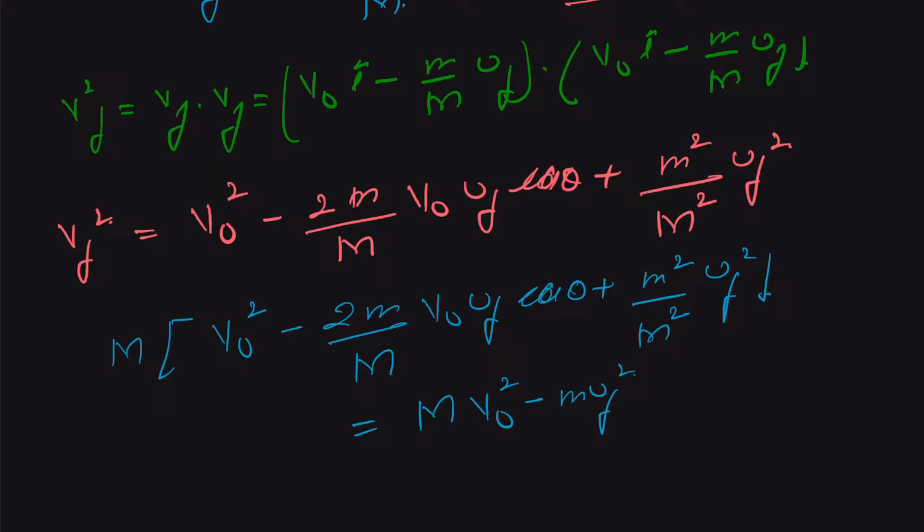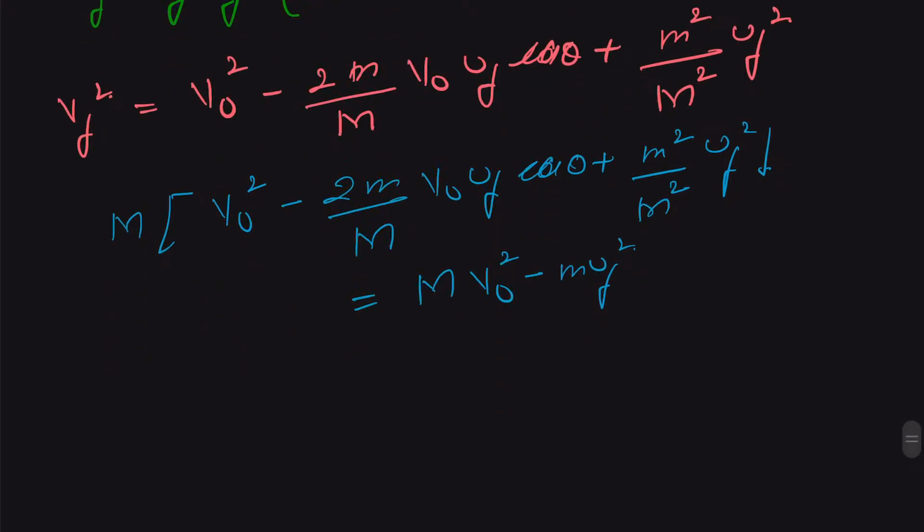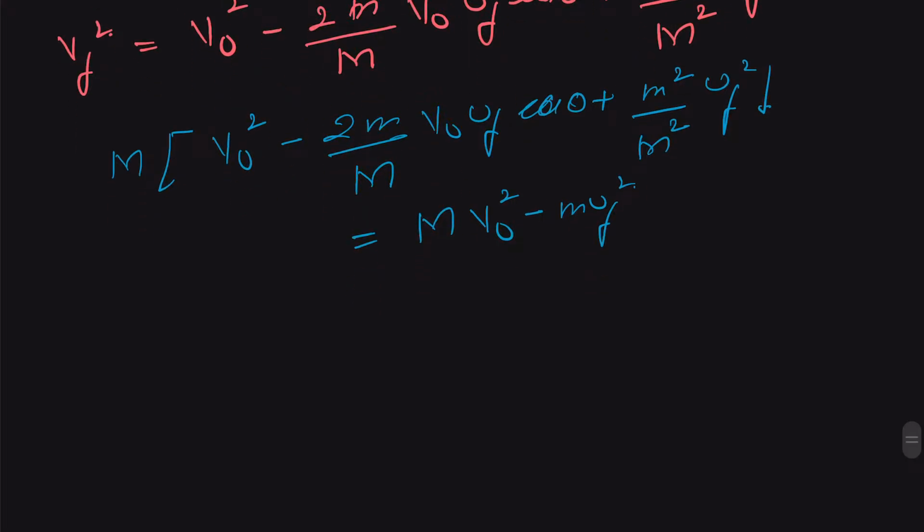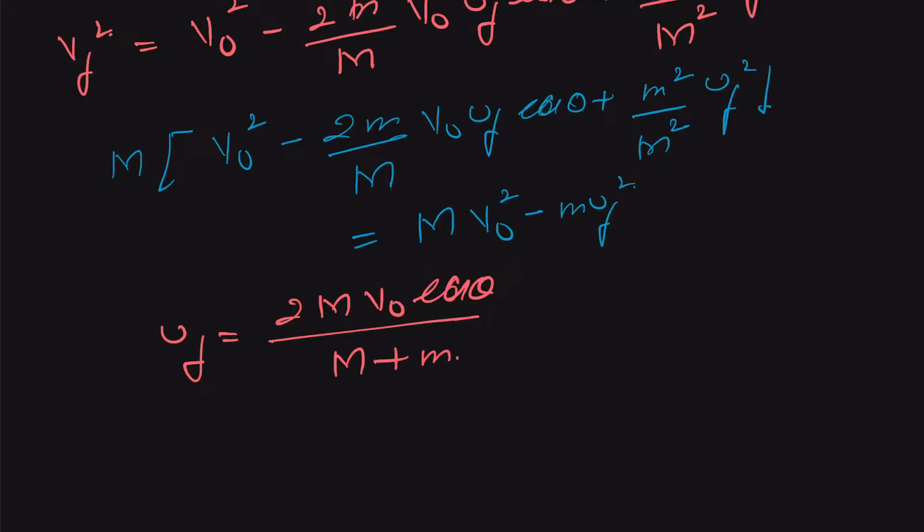And if we solve it, because this is a simple equation to solve, from here we can get that our final velocity will be equal to twice m v naught cos theta over M plus small m.